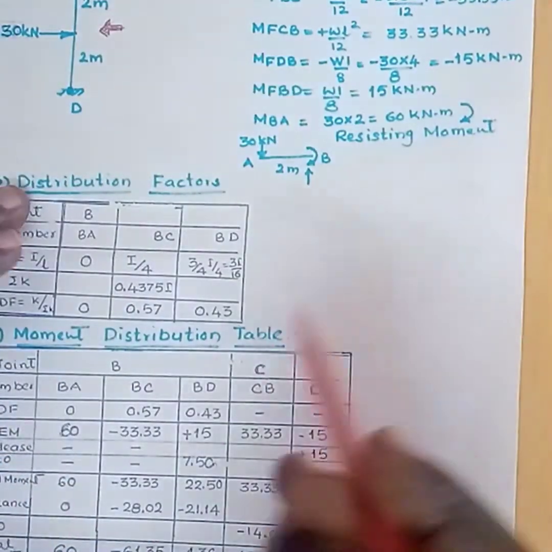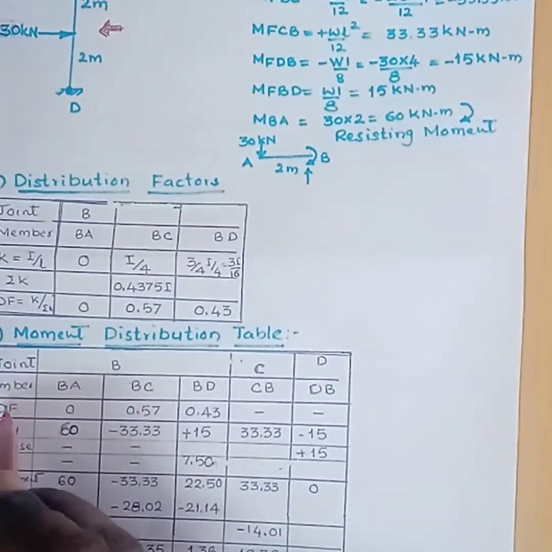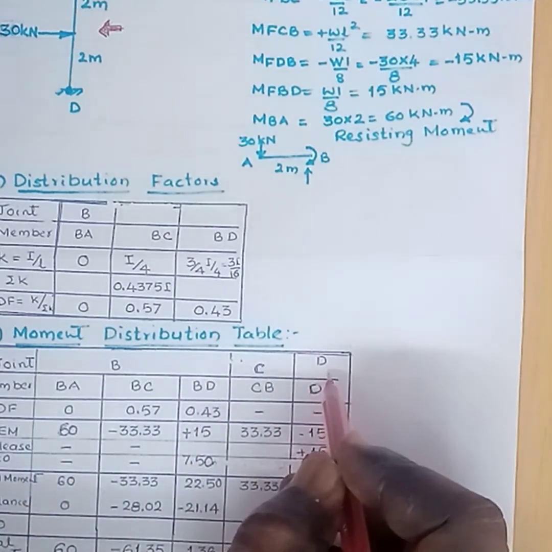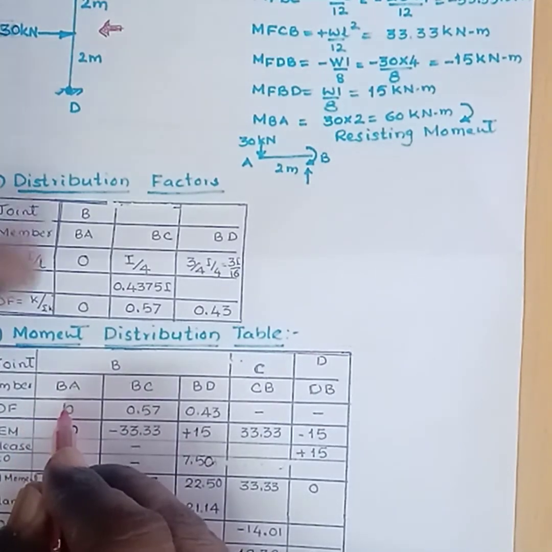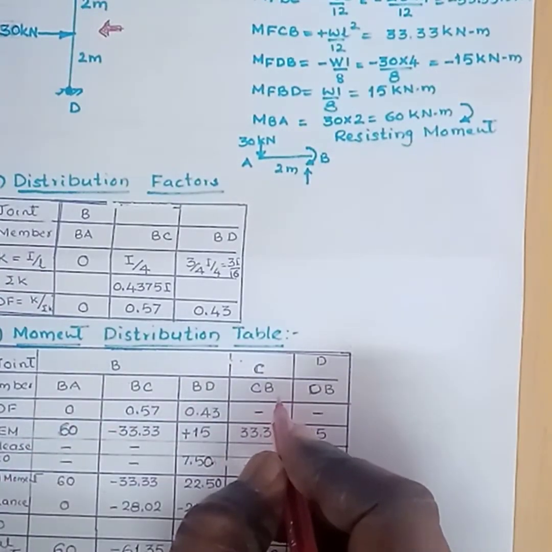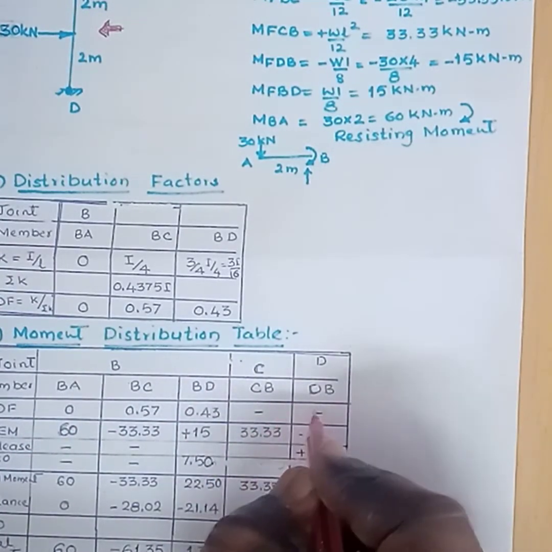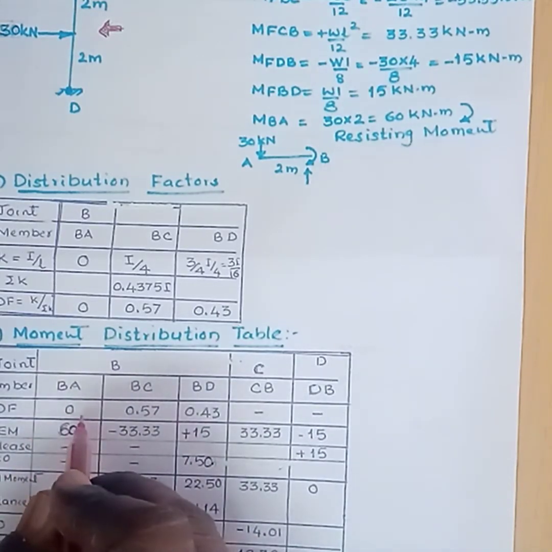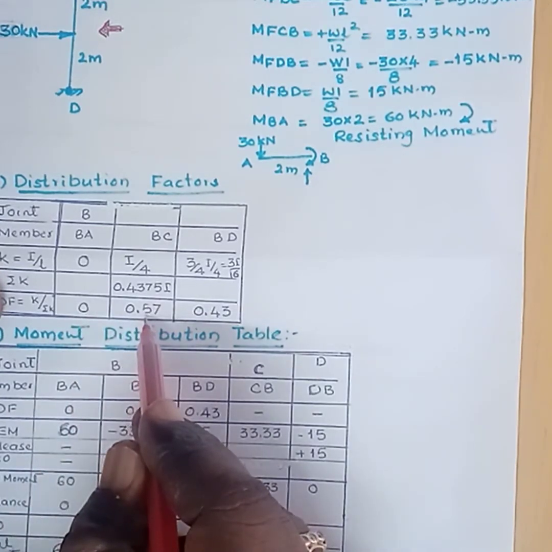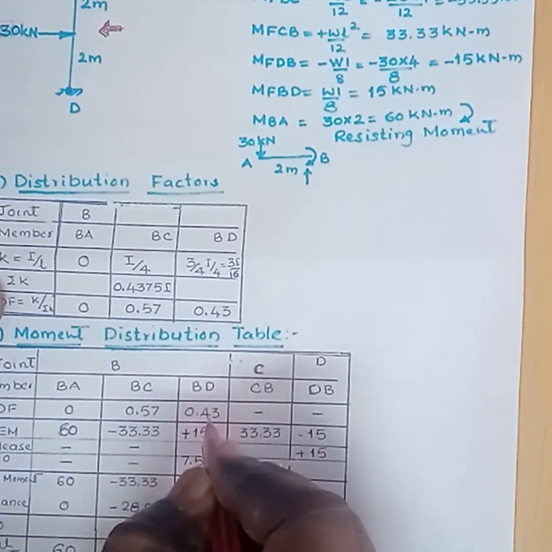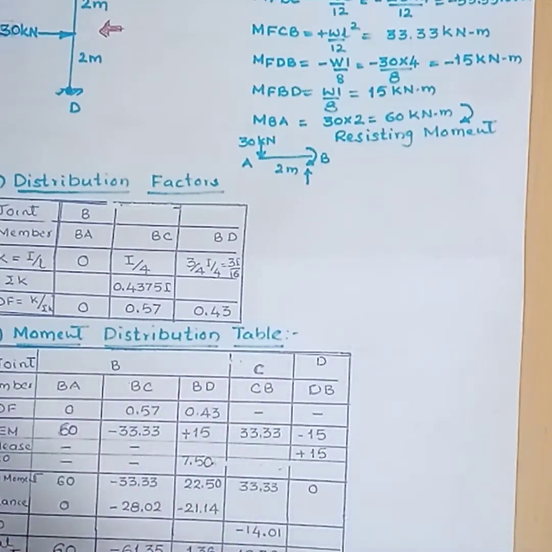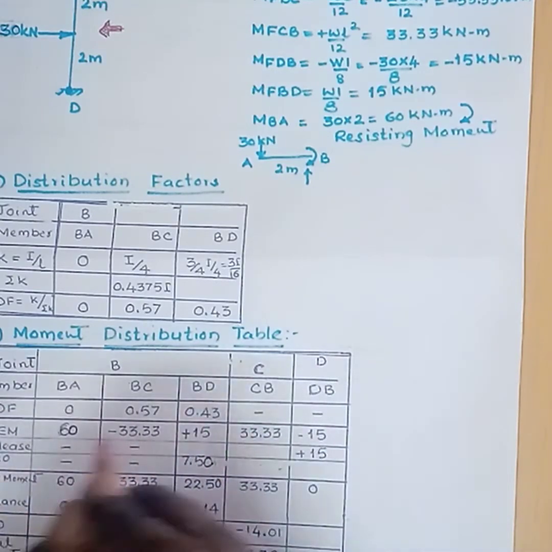A is an overhang. The members are BA, BC, BD for joint B, then joint C and joint D. The distribution factors we just calculated: for BA, that is 0; for BC, that is 0.57; for BD, that is 0.43. There is no distribution factor for members CB and DB.